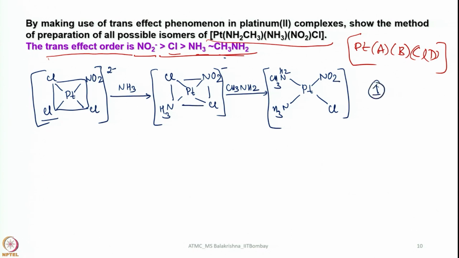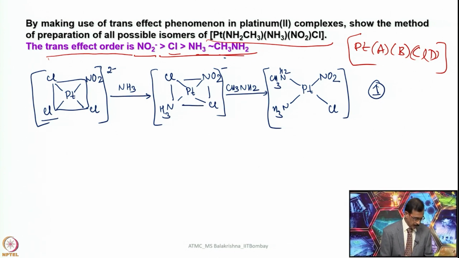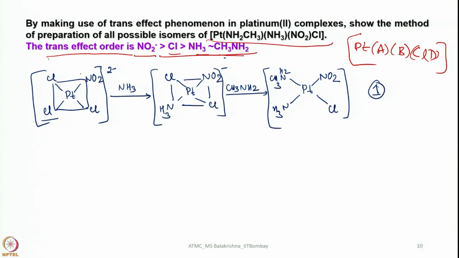Of course, it is convenient if we first write down all possible isomers and then look for the preparative method starting from an appropriate substrate molecule or metal complex. Now I would start with the same complex again, but instead of adding NH3, I would add CH3NH2 first. When it goes in, the position does not change. In place of ammonia here, methylamine would go. So no change.